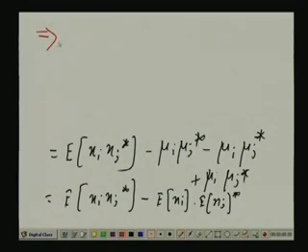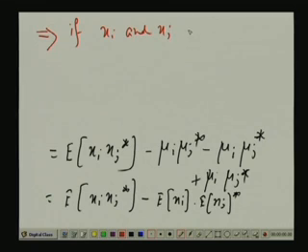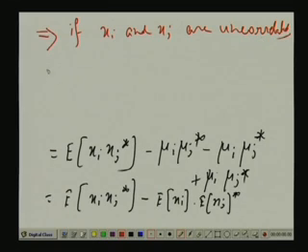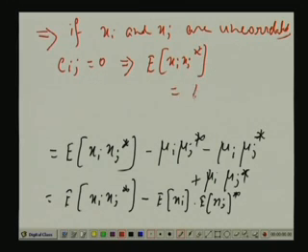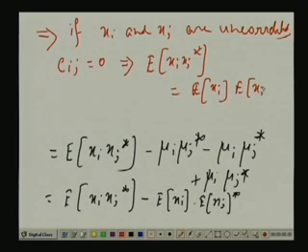This implies if x i and x j are uncorrelated, then as before C i j is equal to 0, meaning E x i x j star is simply E x i times E x j star.